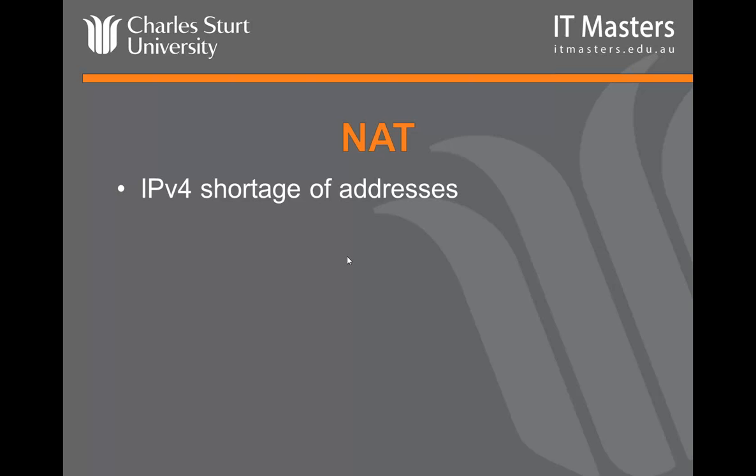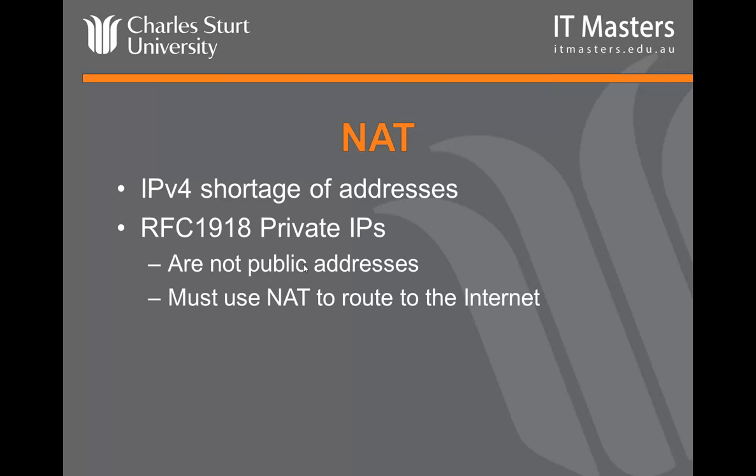So in an ideal world, everyone uses private IP addresses inside the network, and therefore we can have fewer public addresses that people need to use NAT to. Realistically, obviously that doesn't happen. RFC 1918 private IPs are not public addresses. They must use NAT to route to the internet.